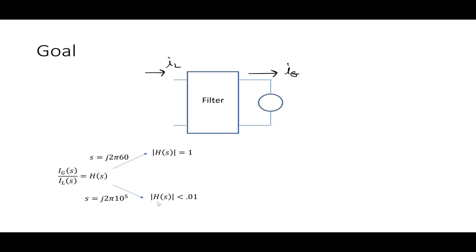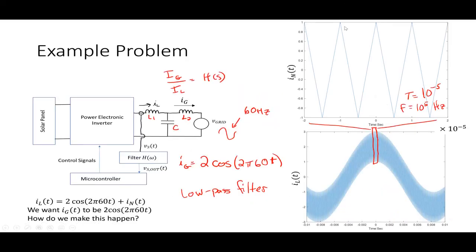In other words, I want the magnitude at that frequency to be less than 0.01. What that means is that at omega equal to 2 pi times 10 to the 5th, my output I_G will have an amplitude less than 1% of the input amplitude. If you look at this, the waveform I have coming in has a 1 amp amplitude.